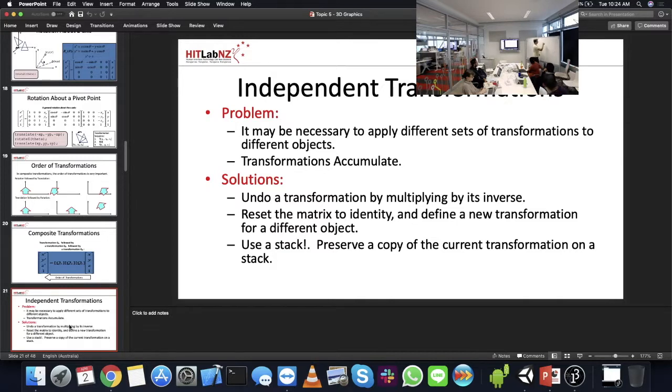So that will be x. 0 times x, 1 times y, 0 times z, 0 times 1. Should be y. 0x, 0y, 1z, 0, 1. And 0, 0, 0, 1. So we multiply any point by the identity matrix will give us the original point again.